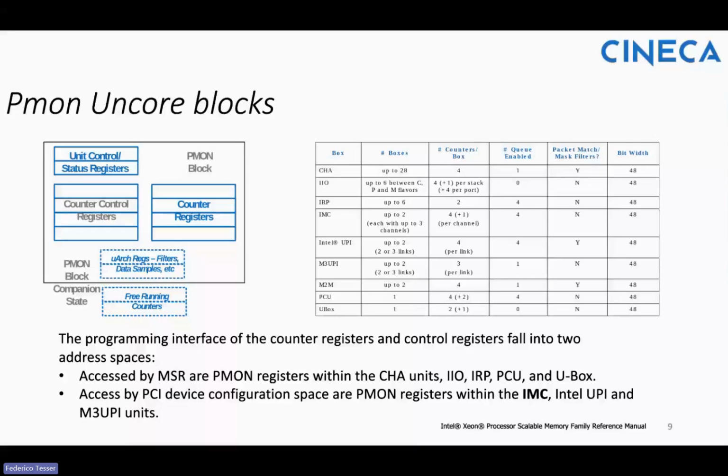Okay, but we will not dig into this specifically in this webinar. You can get information by model specific register, MSR, or by PCI device configuration space. That's something that depends on the Uncore part that we want to deal with.